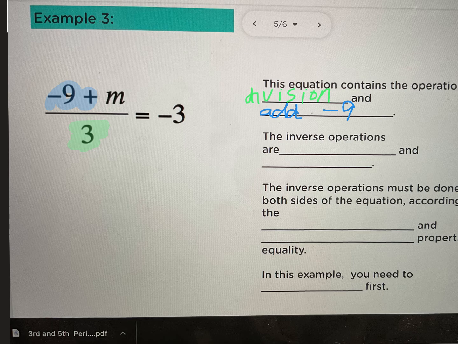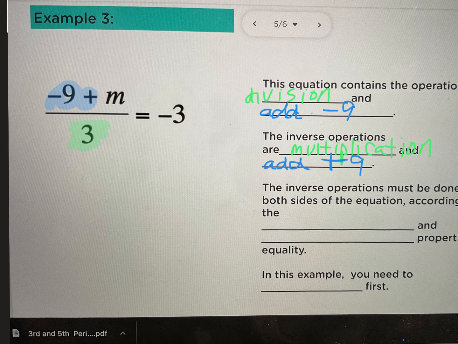I'm going to fast forward through this because I know that we know the inverse of division is multiplication. What's going to be the inverse of a -9? What's the opposite of adding a -9? Subtracting a positive 9? Yes, which is the same thing as adding a positive 9. You agree with me? Yeah. Yep.